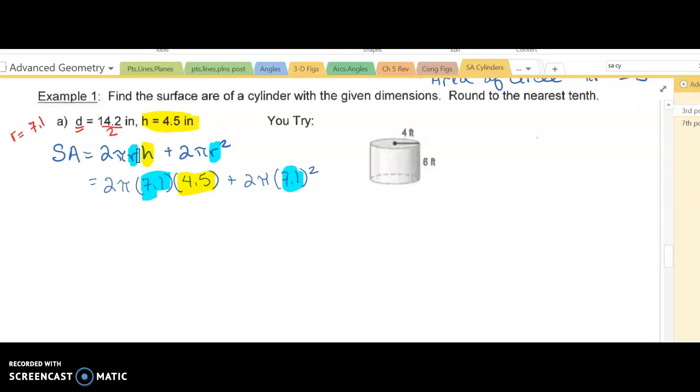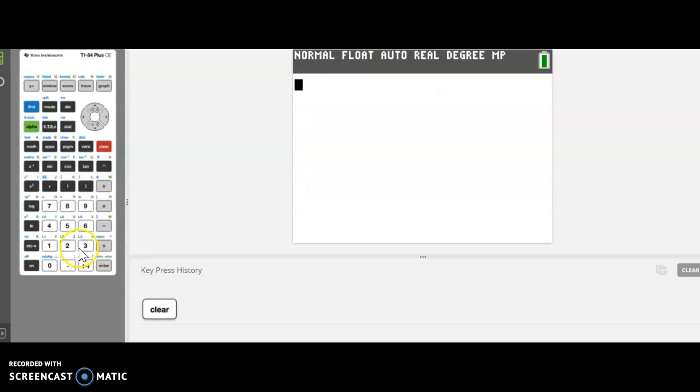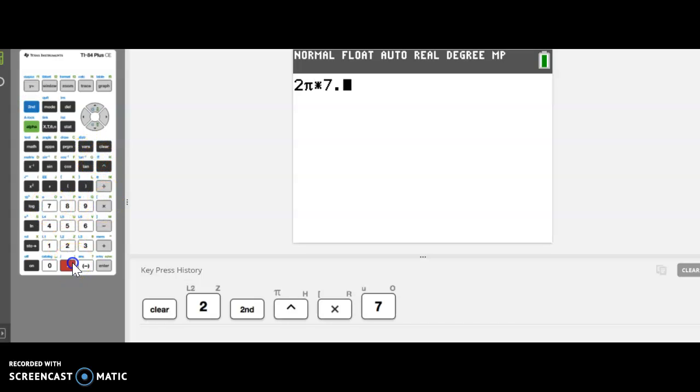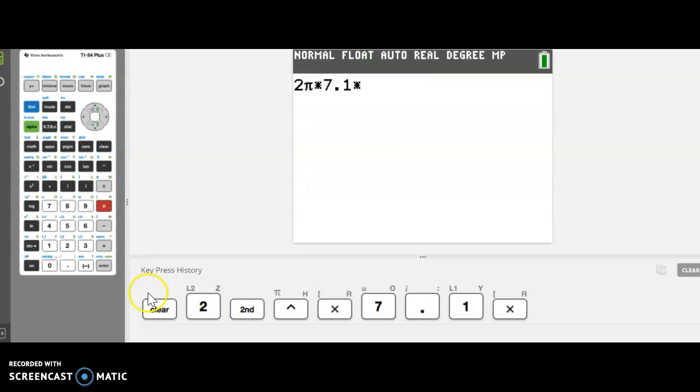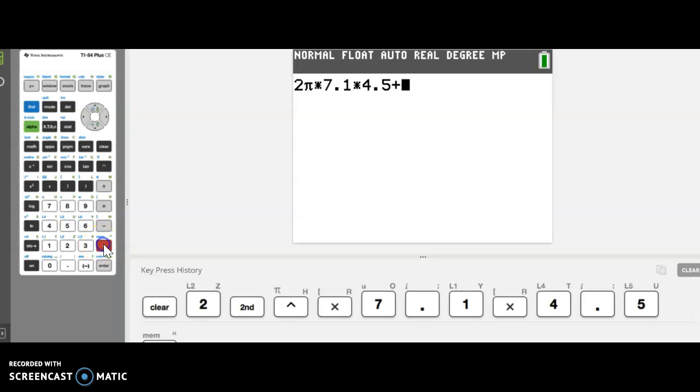And then we go to put this in our calculator. So we're going to say 2, and don't forget to use the pi button. So pi times 7.1 times our height, which was 4.5, plus 2 pi times 7.1 squared.